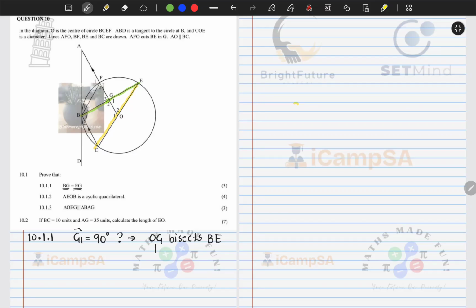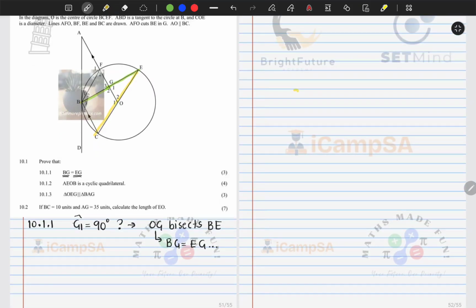Okay. And what then this means consequently is that our BG will therefore be equal to EG. Okay. So we are relying on proving that G1 or G2 equals 90 degrees.